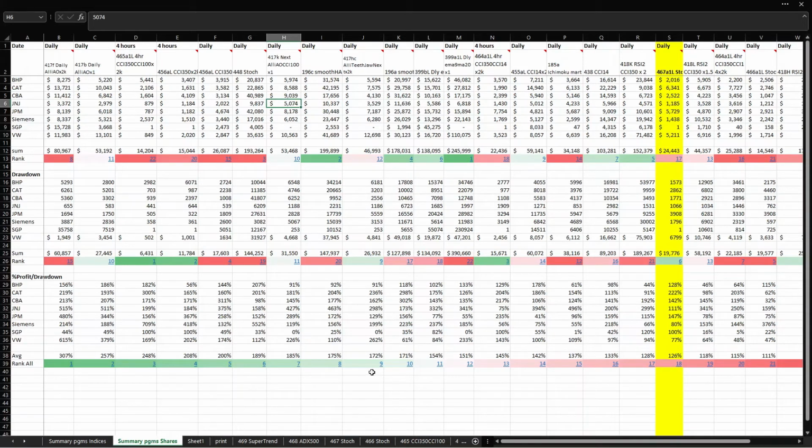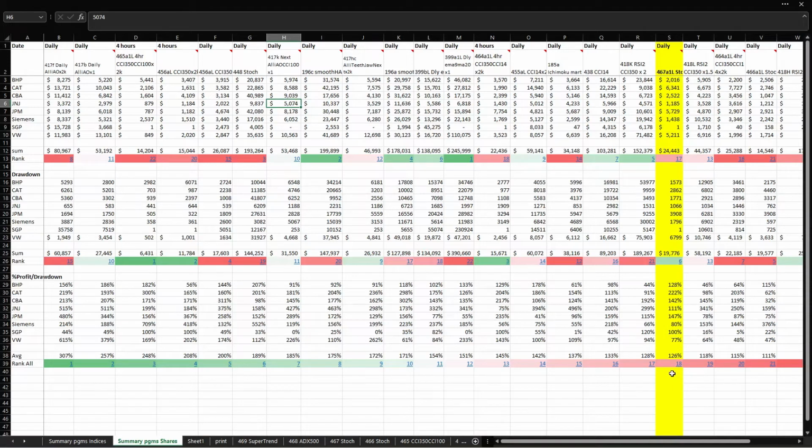The profit over drawdown is simply ranked, so the higher the percentage on average, and that 126 is the average of those above. So we rank the averages of each of these testing strategies from highest percentage to lowest. And today's strategy ranked at 18.